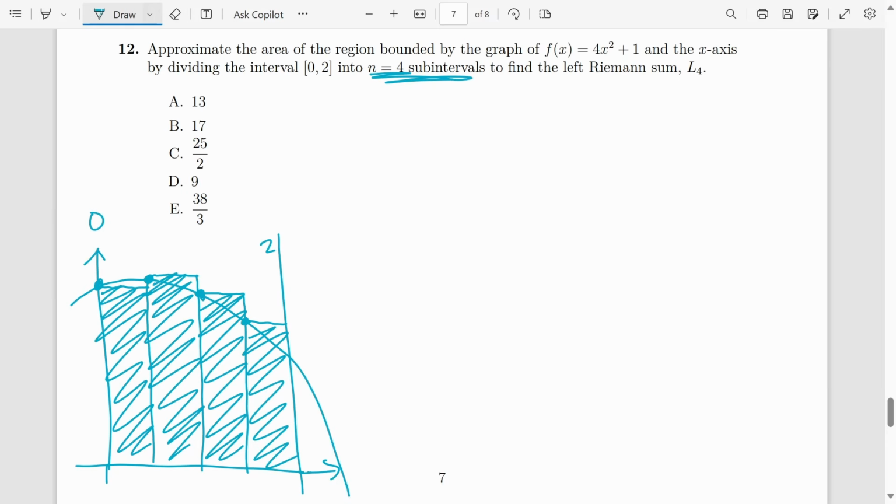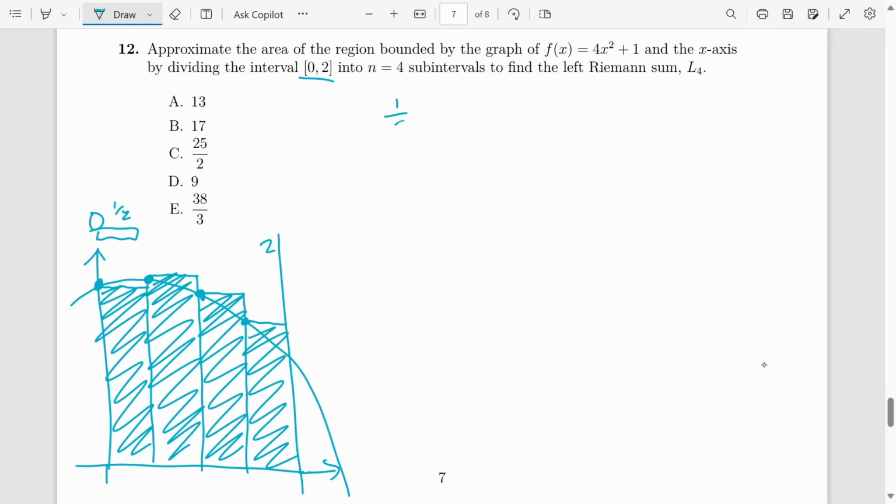So to actually do this for our problem, we have 4 subintervals and they're on an interval that is 2 units long. So we do 2 units divided by 4 subintervals. We get that each rectangle is going to be 1/2 unit wide.